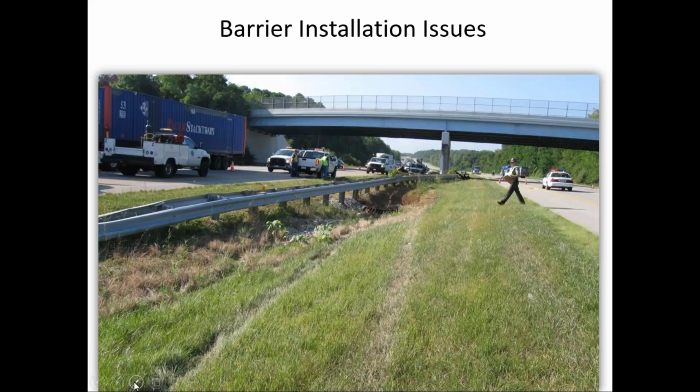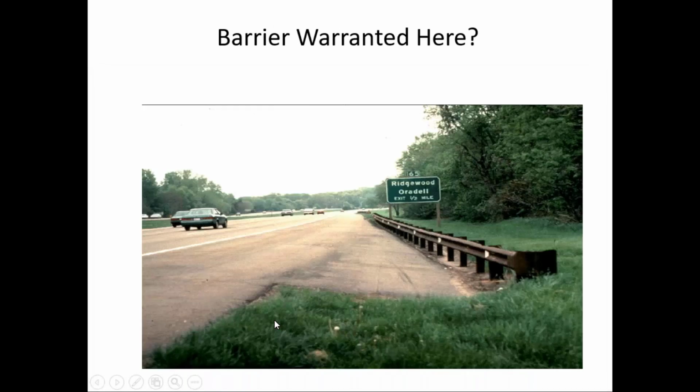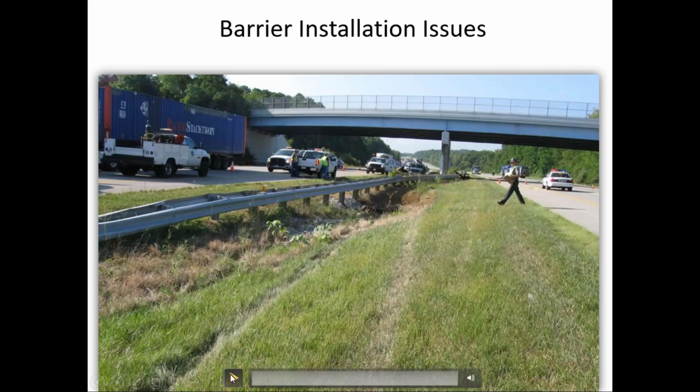But there's a number of issues with barrier installation and design. One of the challenges is, like you see here, where we have guide rail or guardrail in each direction in the median, and then they come together in sort of a V shape here at the end or at the terminal, and that can create some issues, as this dramatically shows a very serious crash.